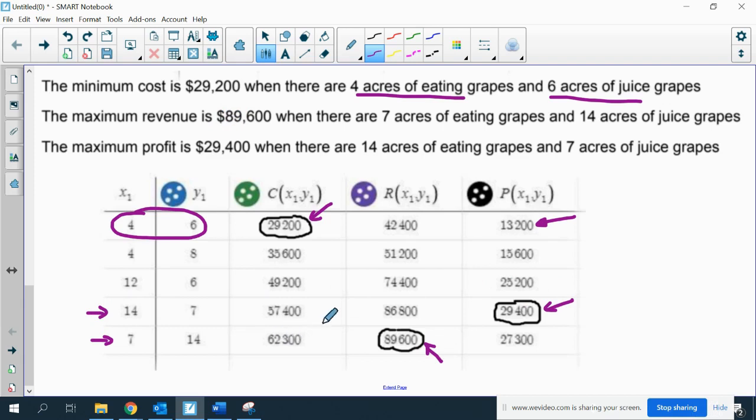So in this particular situation, it would be in the farmer's best interest to put less money in at the beginning and utilize 14 acres for eating and 7 for juice, because then even though the farmer does not make as much money in terms of revenue, in terms of the amount that's taken in or brought in, the farmer would make more money when he considers the amount that it cost at the beginning. So the profit is actually better in this particular case, even though the revenue is slightly less.